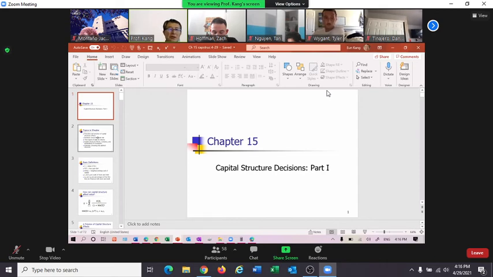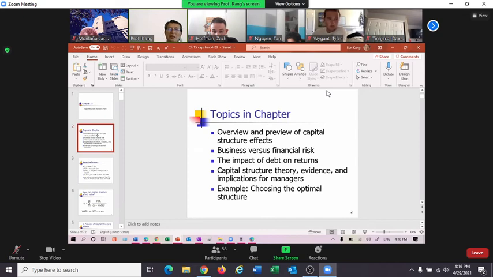So chapter 15, topics in the chapter: overview and preview of capital structure effects. So we'll look at how capital structure affects the company. We think about business risk and financial risk, and how debt affects returns.